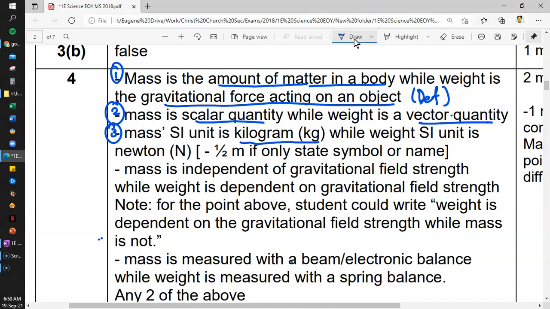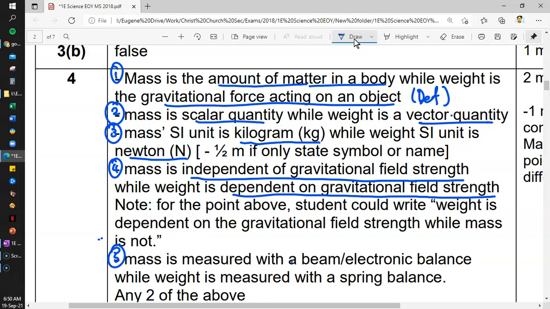Mass is kilogram, while weight is newton. Do take note, make sure that you have both the name itself and the symbol. Next, mass is independent of gravitational field strength, whereas weight is dependent on gravitational field strength. So this is another possible difference.